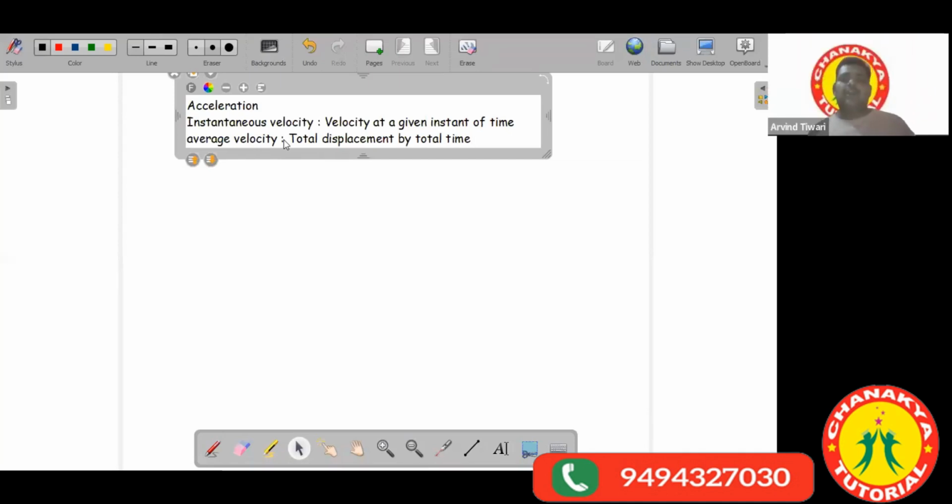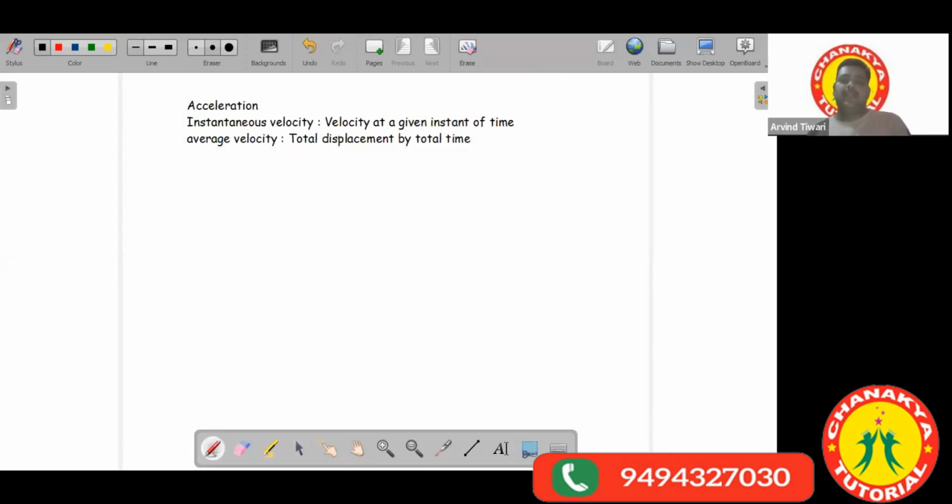Suppose your vehicle is moving, and I want to find out the speed at 9, 10 and 15 seconds. So it was at this instant I want to determine its time. I will take a moment of around 1 second or maybe half a second. I will try to find out its position at say 9, 10 and 14.